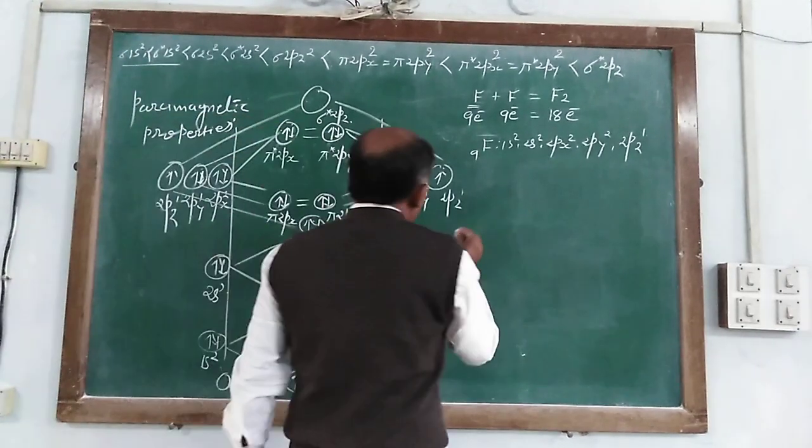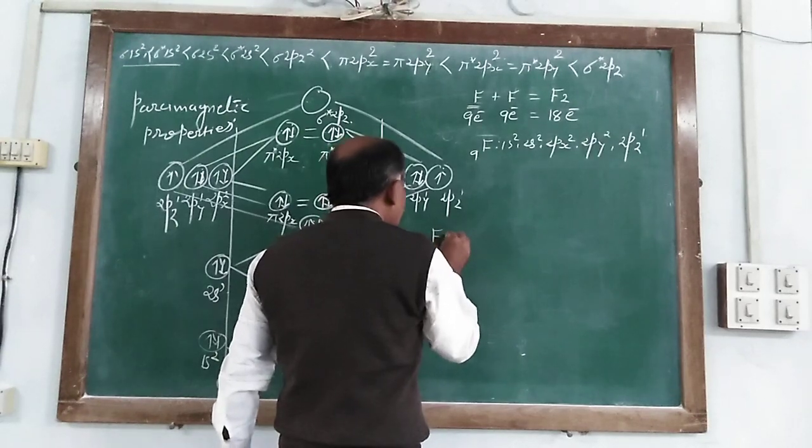Now we write the electronic configuration for the F2 molecule.